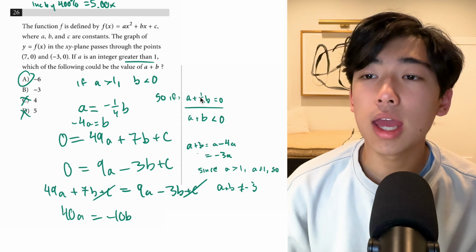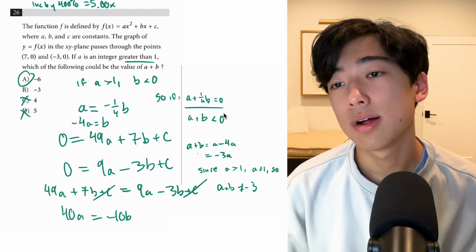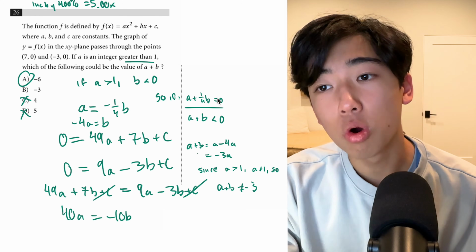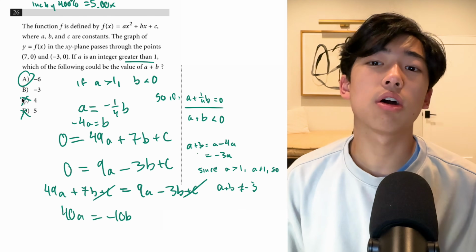So since a plus 1/4 b equals 0, a plus b would be less than 0, because b is less than 1, and 4 of the negative would be even more negative. So that's why you could easily cross off c and d.